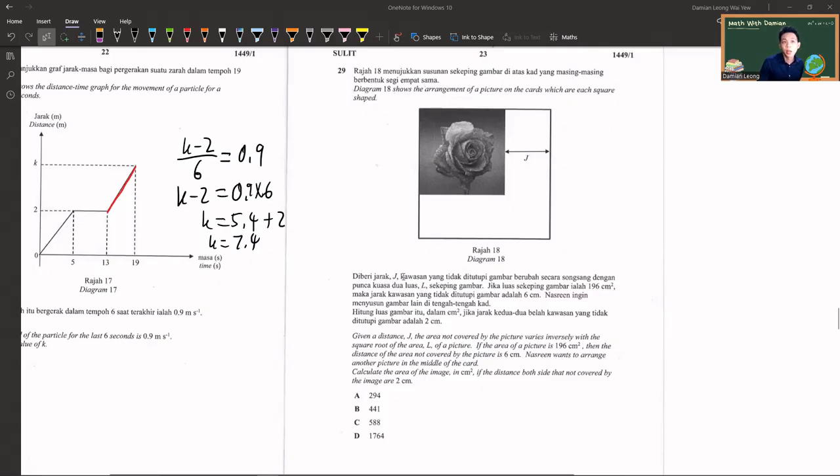J berubah secara songsang dengan punca kuasa luas. So J varies inversely with square root of L. Inversely, dengan songsang, kami perlu letak 1 over square root punca kuasa 2, so square root the L.